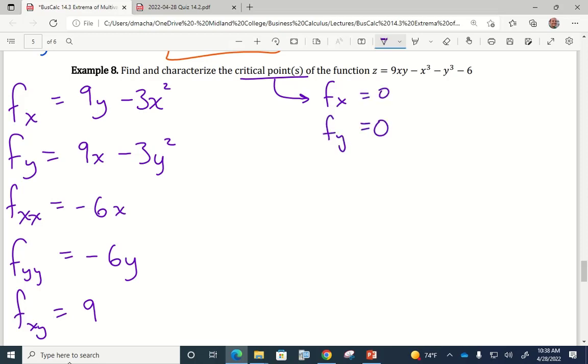So, critical points, that means I set my first derivatives equal to 0. If I set the first derivative with respect to x equal to 0, that's going to give me 9y minus 3x squared equals 0. And if I set the first derivative with respect to y equal to 0, that's going to give me 9x minus 3y squared equal to 0.